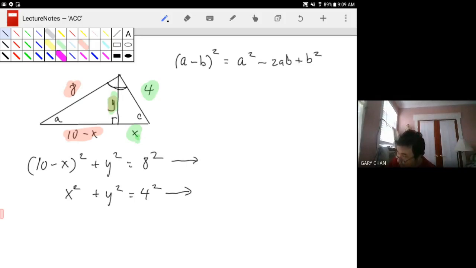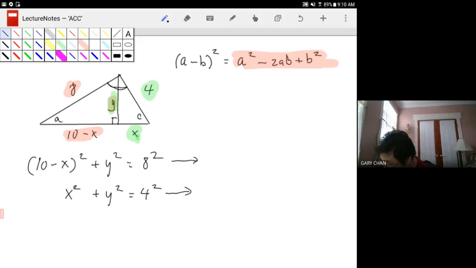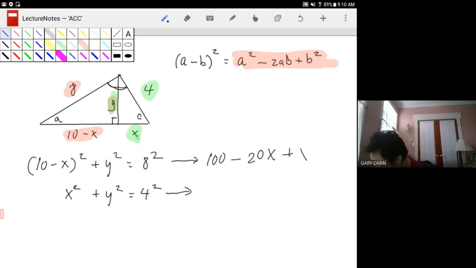So if I apply this structure, 10 minus x FOILed out gives 100 minus 2 times 10 times x. That's 20x, isn't that right? And then plus x squared.